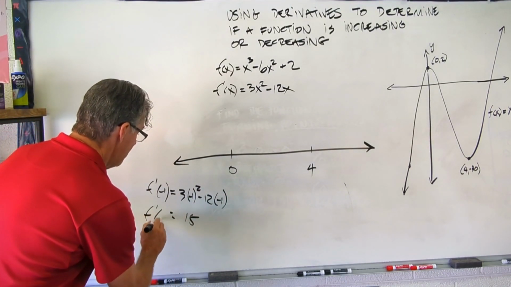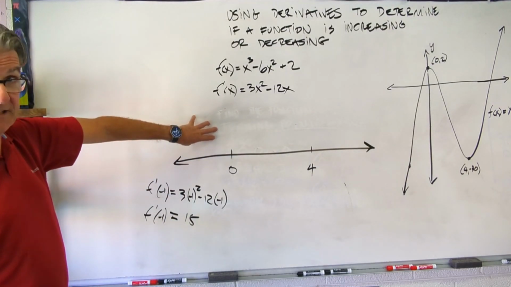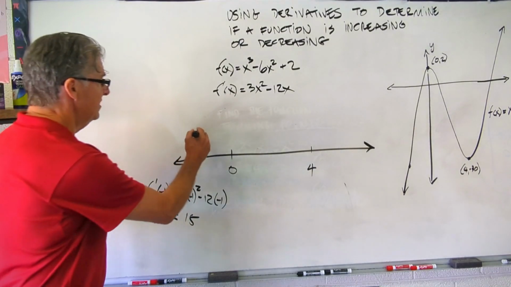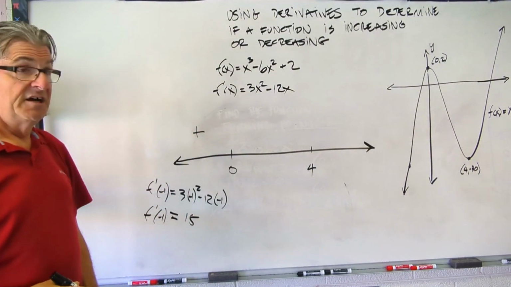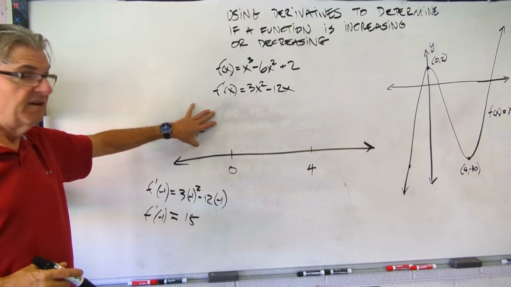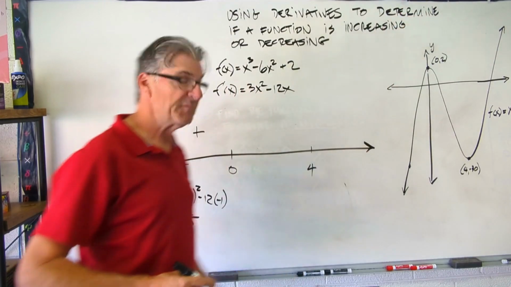So f prime of -1 is 15. So that means the sign, I'm not so much caring about the number, but the sign, it's positive. So I'm going to put a positive there. So that means that up to 0, this function is increasing. And we know this from our graph because we can see the function is going up to the right.